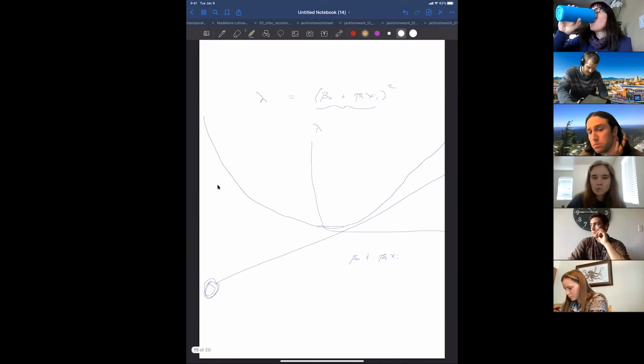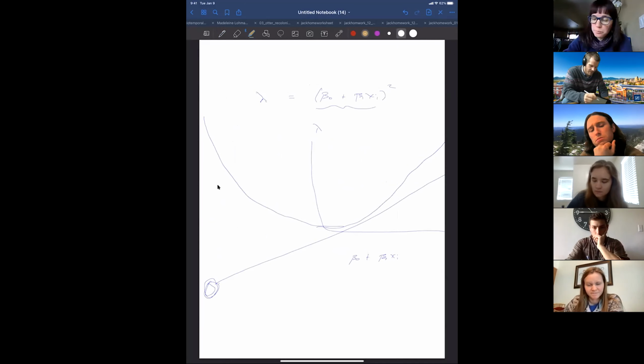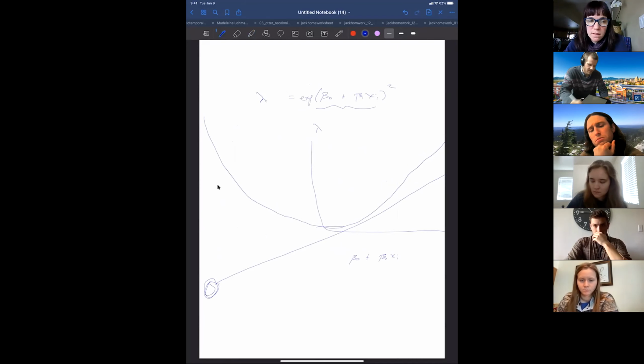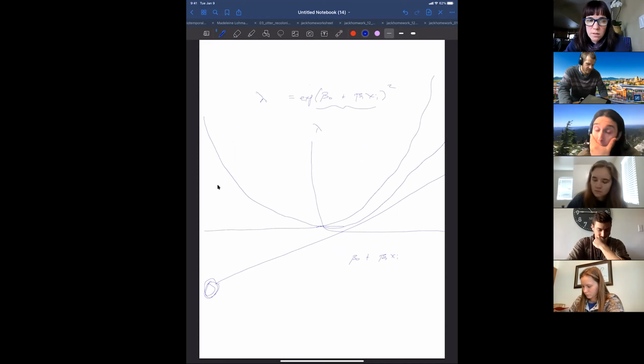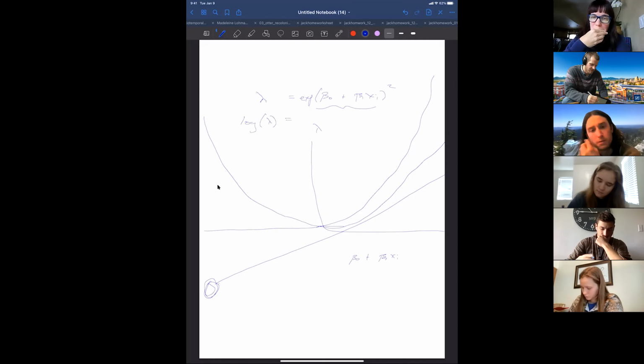So if we go back, we would write the exponent here. That's our function of x, and that's going to give us a line that looks like this. And this is often written as log of lambda equals beta 0 plus beta 1 xi.